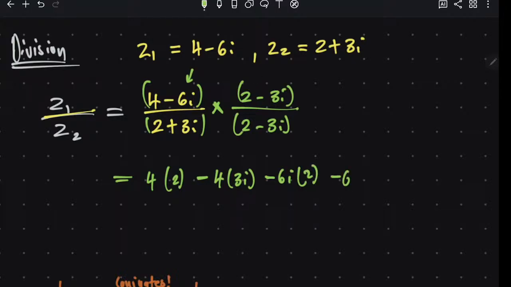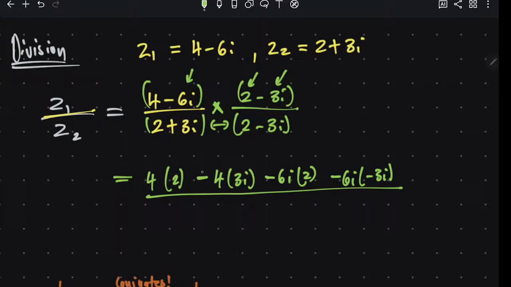Then negative 6i will multiply negative 3i. Then you divide everything by the answer you get when you multiply these two.